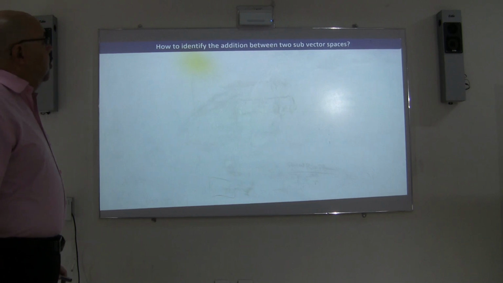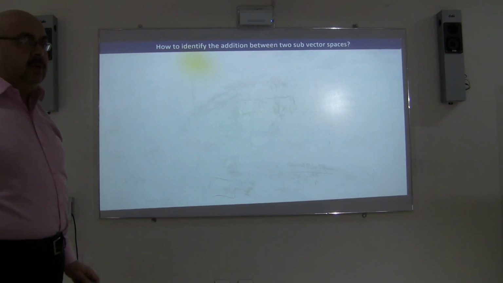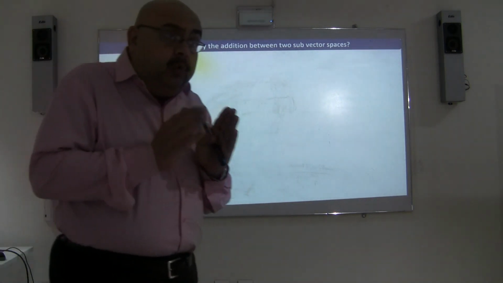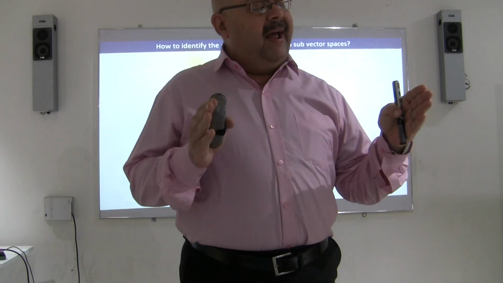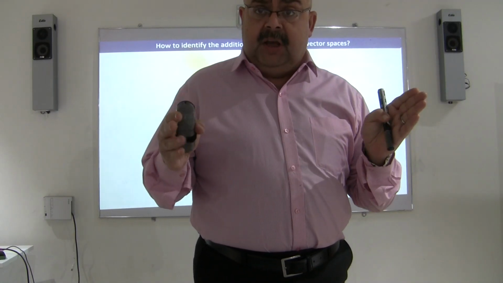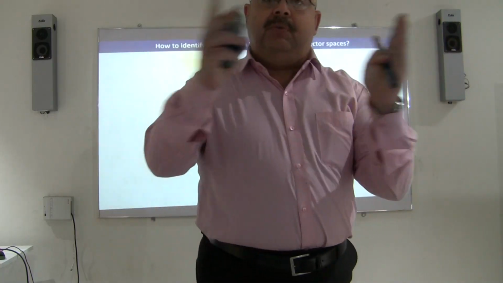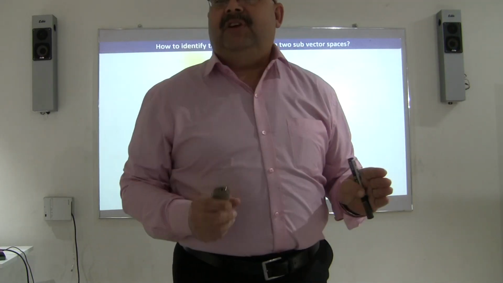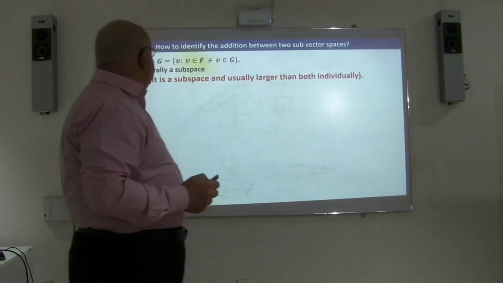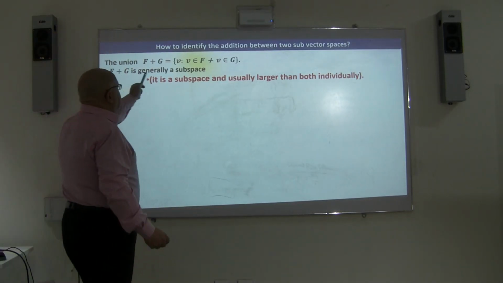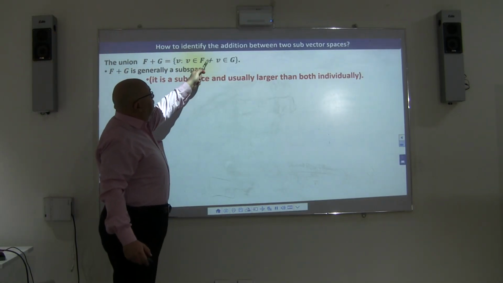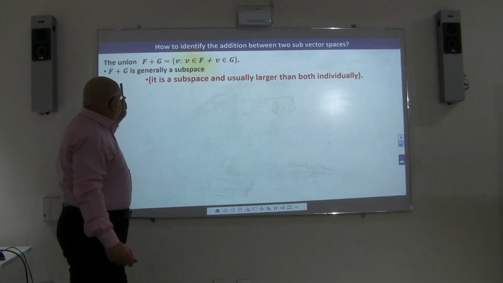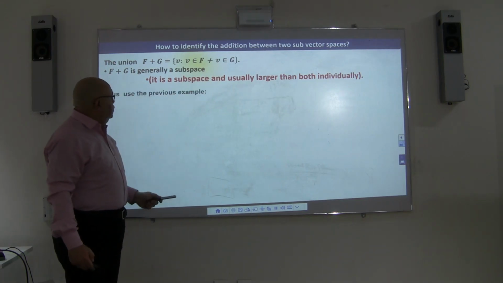While in the case of the addition of two subvector spaces, I will have the separate groups and the linear combinations from all of them. This is why it's going to be a subvector space. So now, in case of addition, V belongs to F plus G, which means generally it's a subvector space.